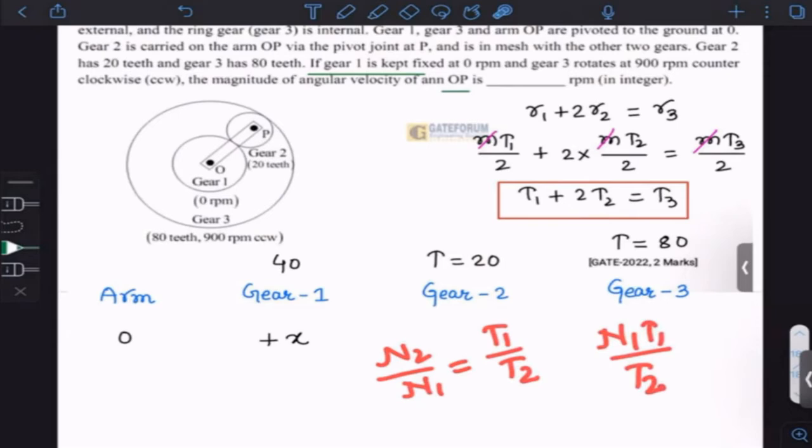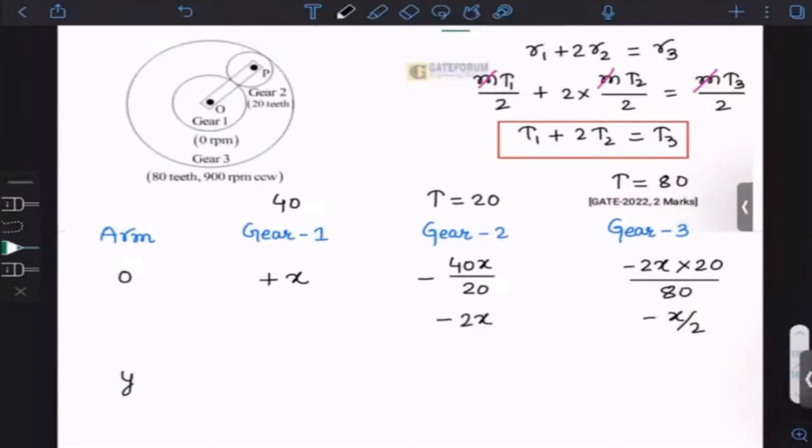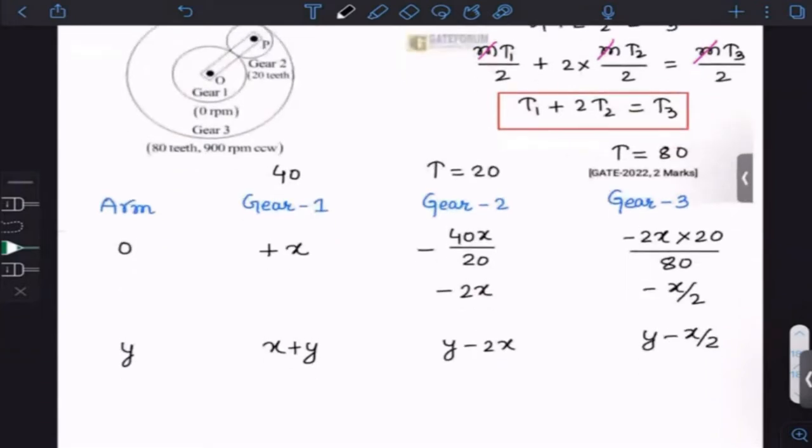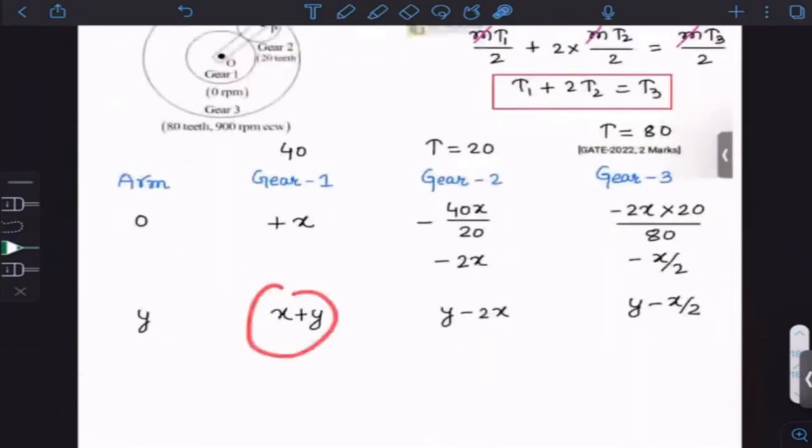With N1 as x, that is 40 into x by 20. Since gears 1 and 2 are externally meshing, the minus sign will be there, giving minus 2x. Now gears 2 and 3 are internally meshing, so minus 2x into 20 by 80, which gives minus x by 2. Suppose I give the arm a speed y, so gear 1 is x plus y, gear 2 is y minus 2x, and gear 3 is y minus x by 2. Correct, everyone? Now read the question clearly, what is given here. Gear 1 is fixed. When gear 1 is fixed, x plus y is 0.